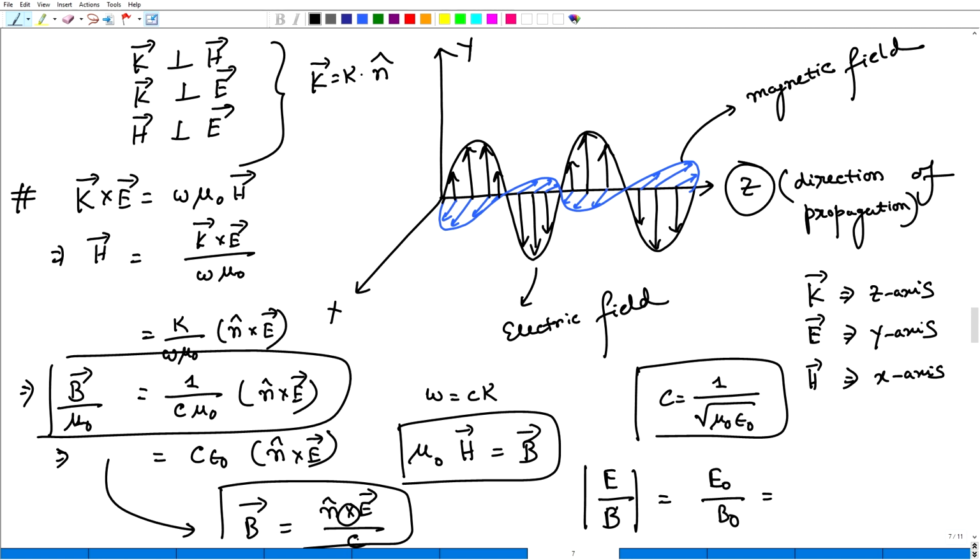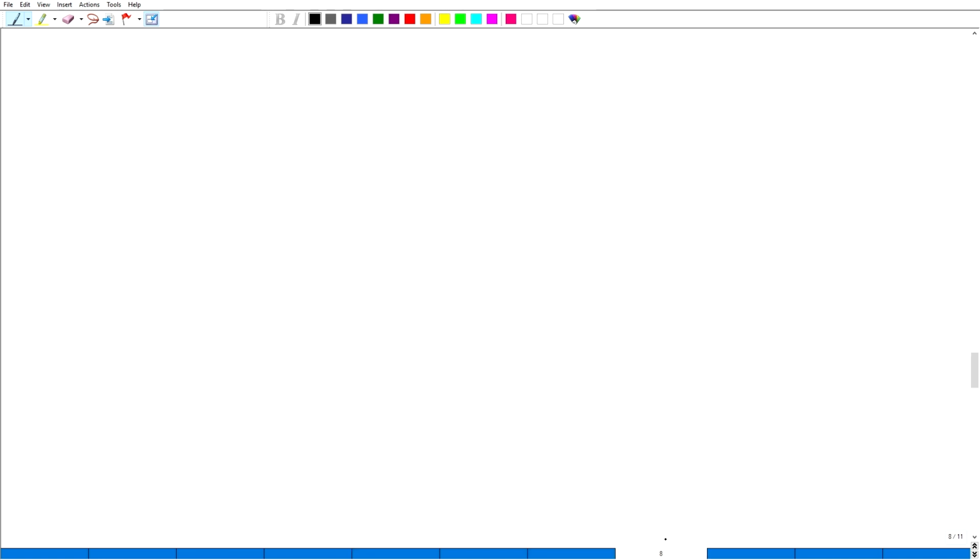Here we can see that the magnetic field is much weaker with respect to the electric field, because there is a c, and we know the value of c is around 3 into 10 to the power 8. So, this is actually c. This is a very important relation: the electric field is c times stronger than the magnetic field. Okay. So, this part is clear.